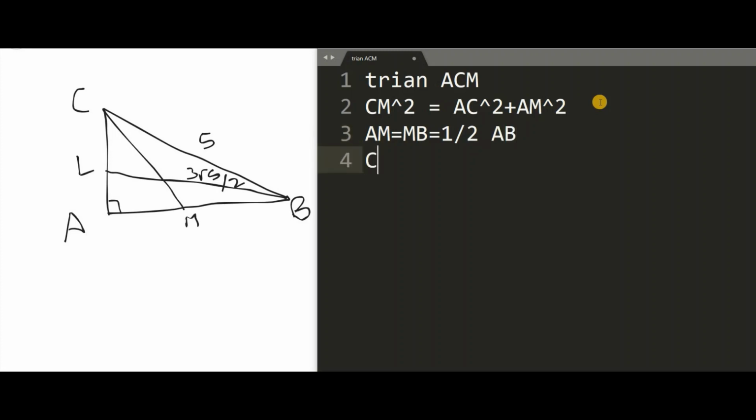So, the equation will become CM square equals AC square plus AM square, and we can write AM as half of AB. So, half of AB whole square, which becomes 1 by 4 into AB square.